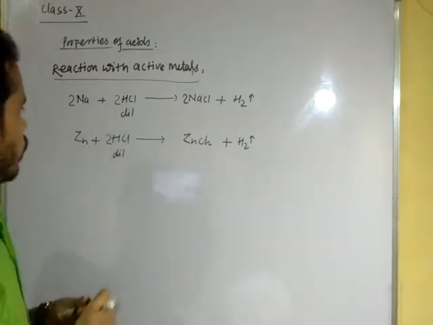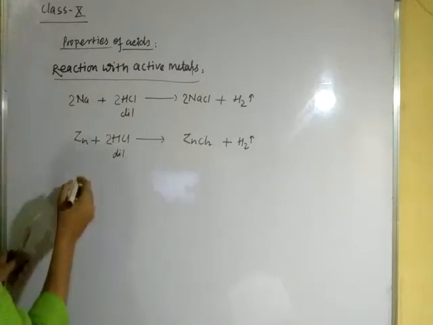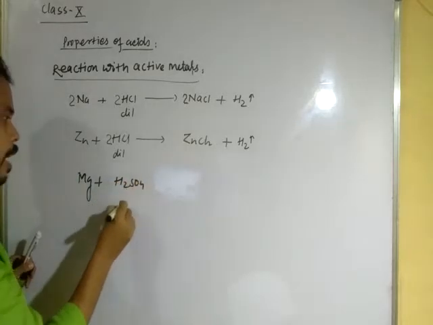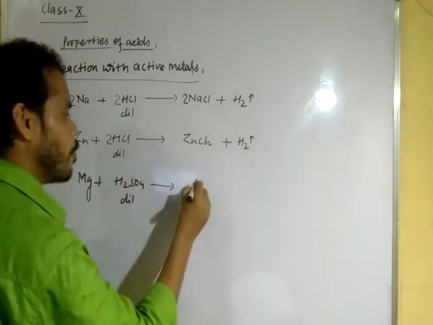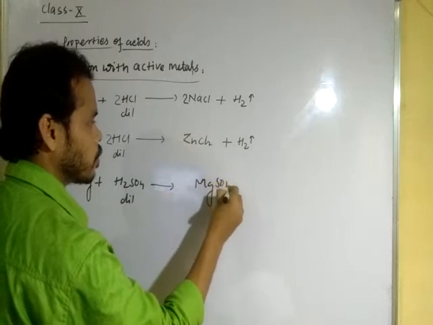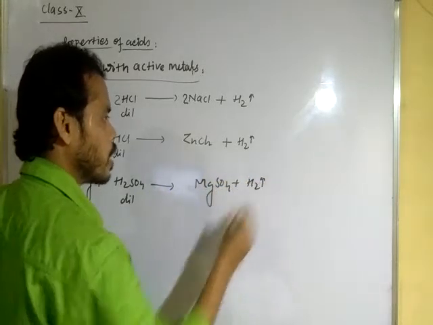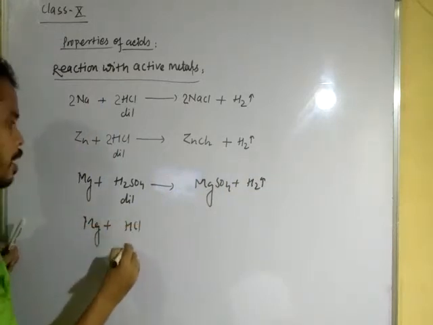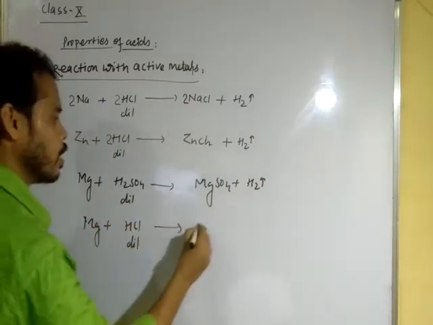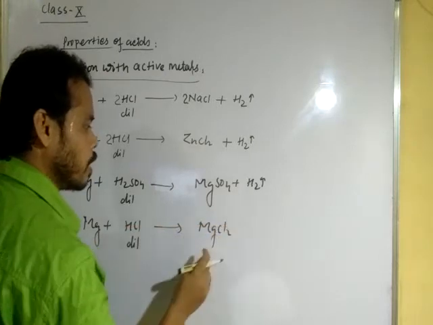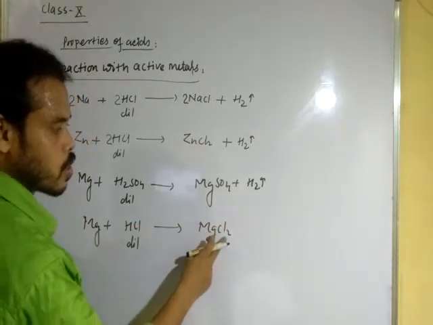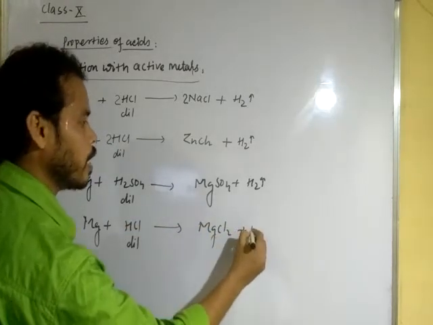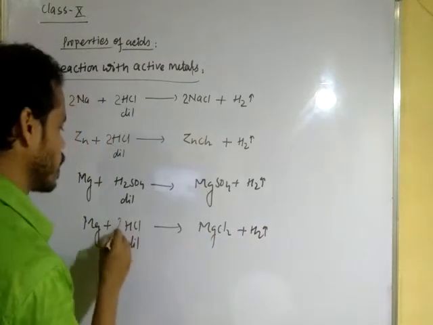Clear? Now the next reaction: when magnesium reacts with dilute H2SO4, it forms magnesium sulfate and liberates hydrogen gas. Once again, when magnesium reacts with dilute HCl, it forms magnesium chloride, and the valency of magnesium is 2, so the formula of magnesium chloride is MgCl2, and it liberates H2 hydrogen gas.